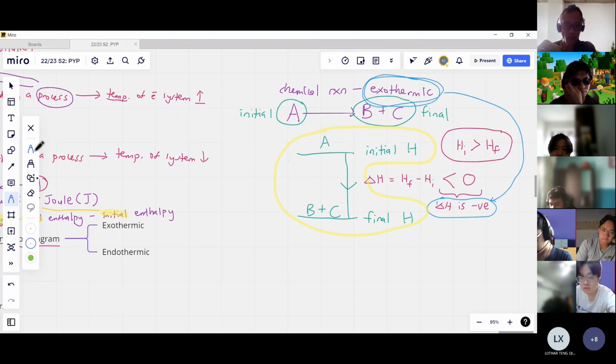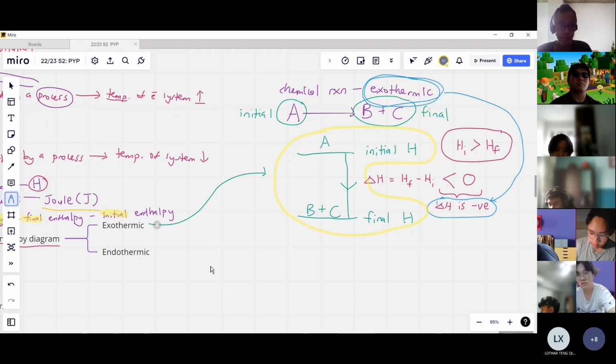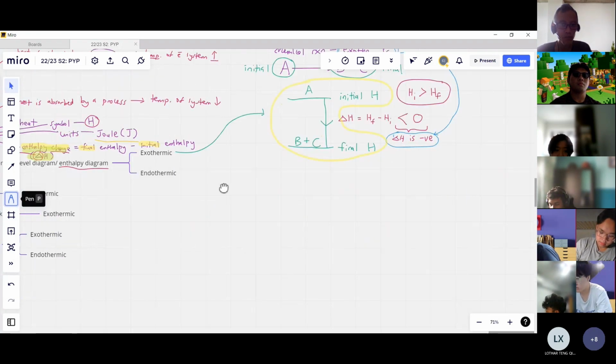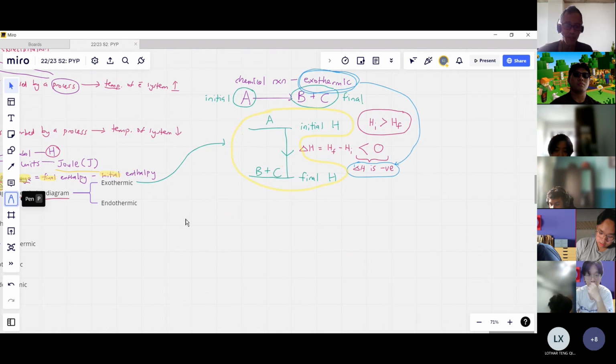Okay, so that was for exothermic. Endothermic. If I tell you a reaction is endothermic, how's the diagram going to look? Actually, you can probably draw it out yourself by now.